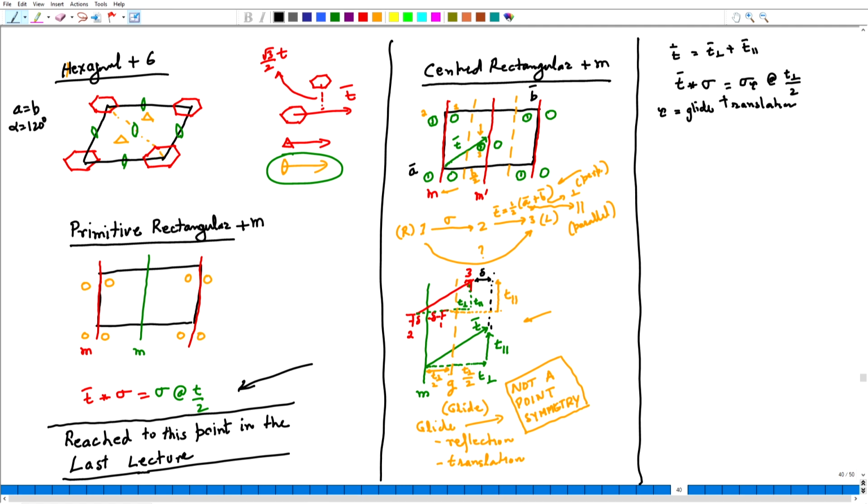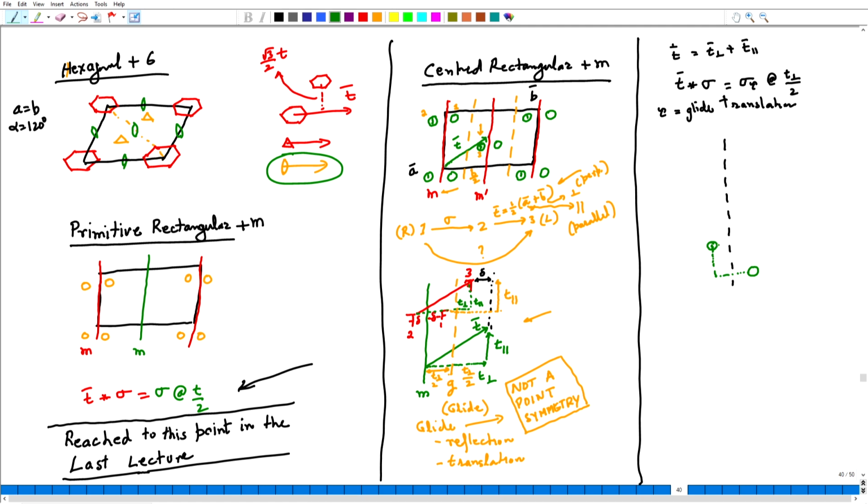Now, we also want to figure out the magnitude of the translation, which means the magnitude of T parallel. So, let us try to understand this through another diagram. Let us say I start with a right handed object, I reflect and then translate, and this becomes a left handed motif.